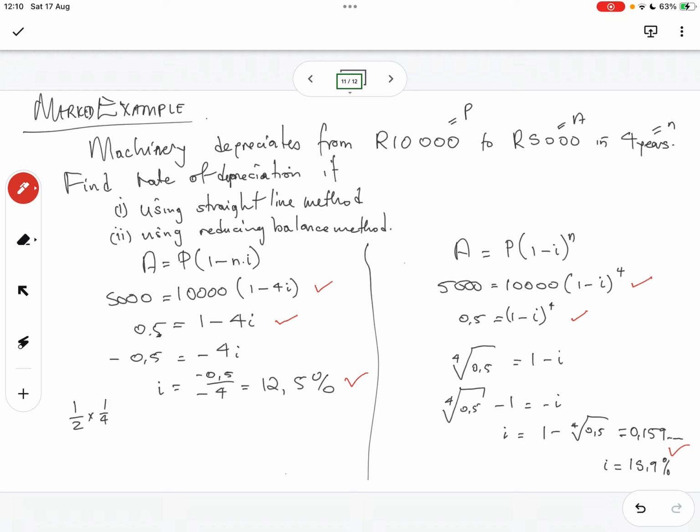And on this end, you will get marks for correct substitution, for processing, and for the correct answer. So this question is worth 6 marks in a grade 12 exam or test situation. We just illustrated how you would get those marks in either case.